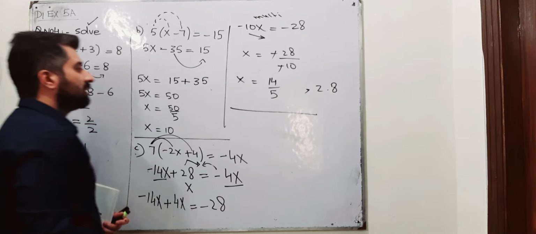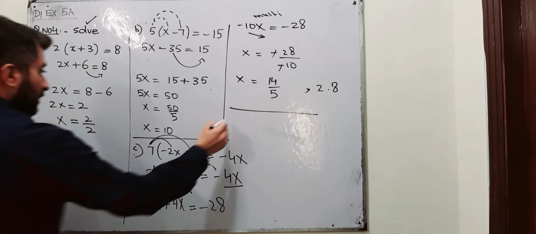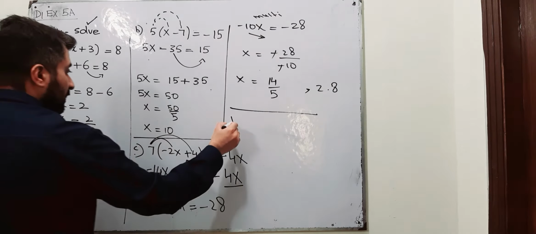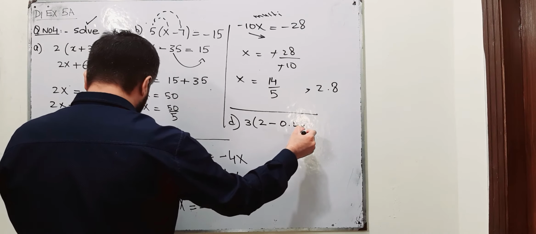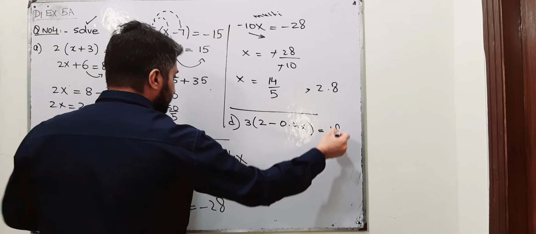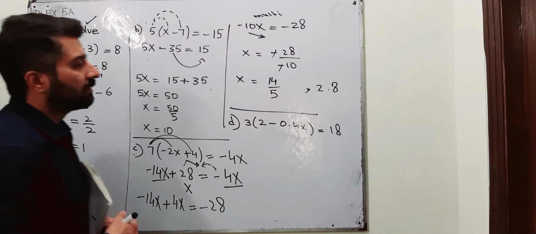The choice is yours. Now part number D, it was part number C, part number D of the same question, number 4: 3 times (2 minus 0.4x) is equal to 18. Again, the purpose is the same.